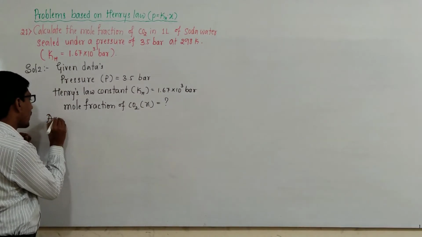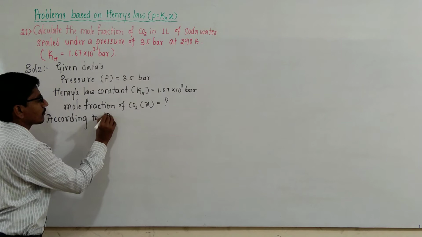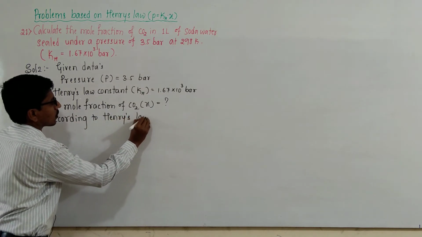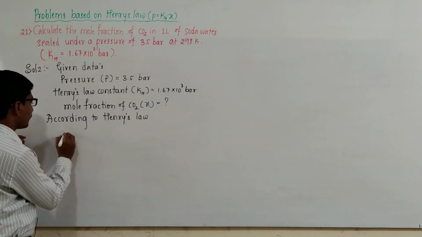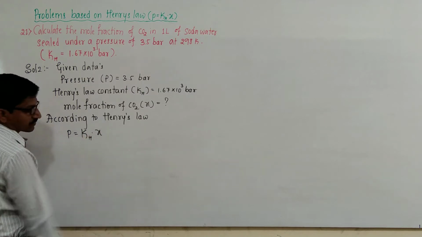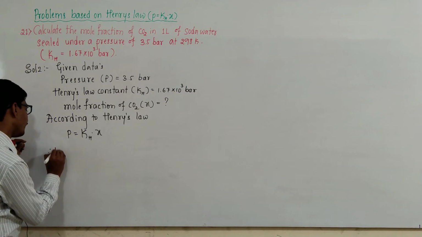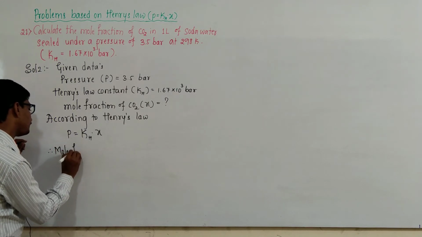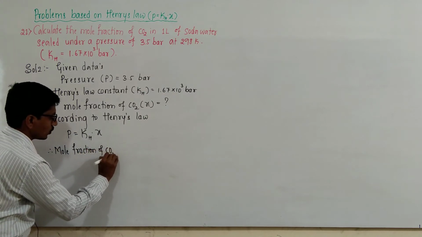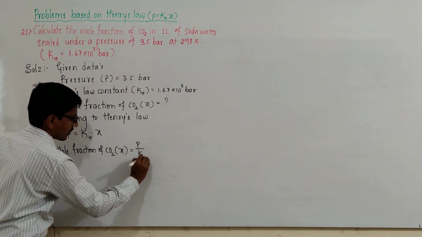Now, according to Henry's law, P is equal to KH into X. Rearranging this formula, the mole fraction of CO2, X, is equal to P by KH.